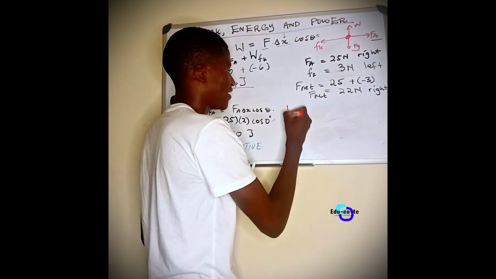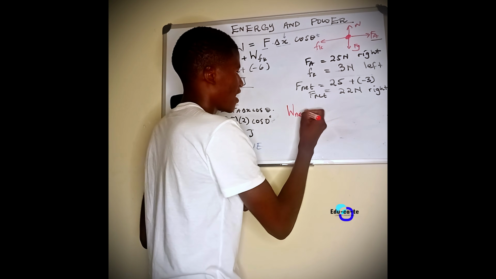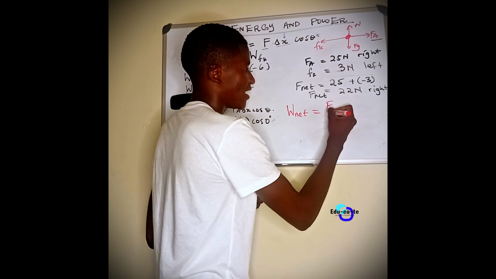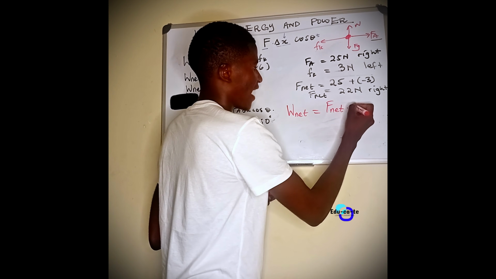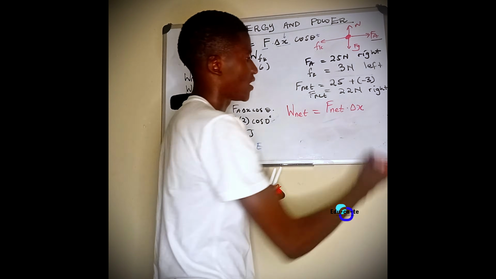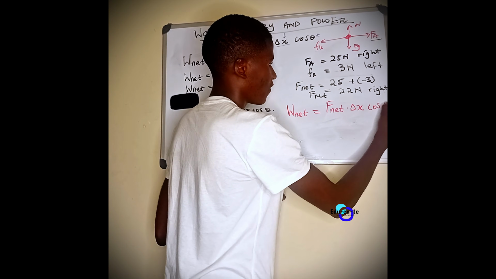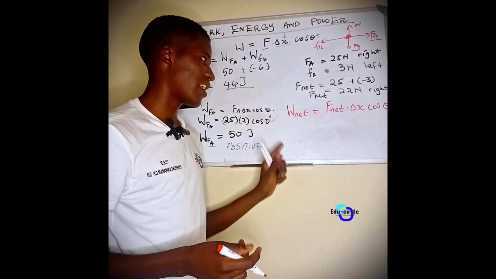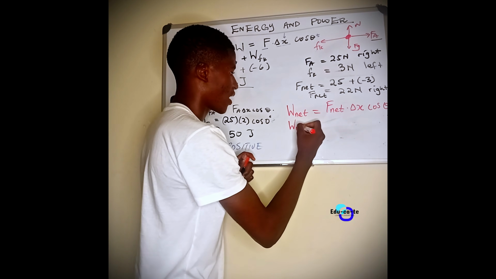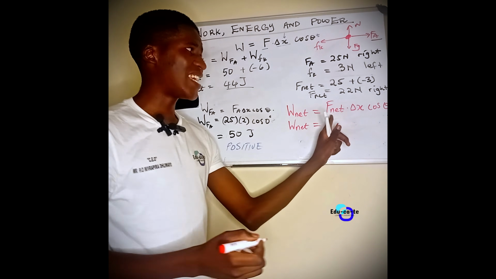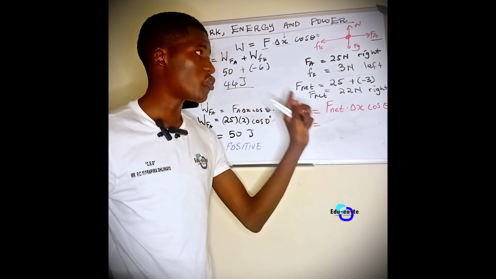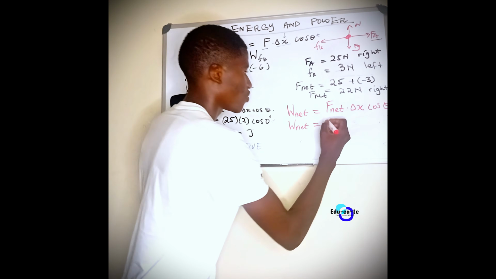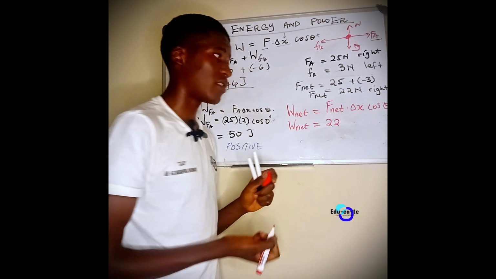So the net work done is equal to the net force multiplied by the displacement, and then cos of theta. All right, bear in mind, you still consider the directions carefully. The net force that we have found is 22 newtons to the right.